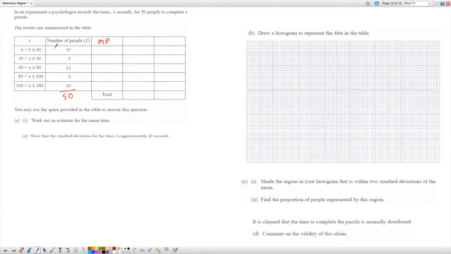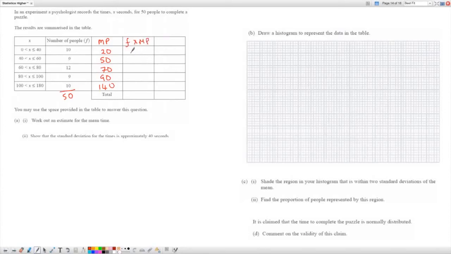So between 0 and 40, the midpoint is 20. Between 40 and 60, our midpoint is 50. Then 70, 90, and 140. Now we have our midpoints, we can take our frequency and times this by the midpoint.